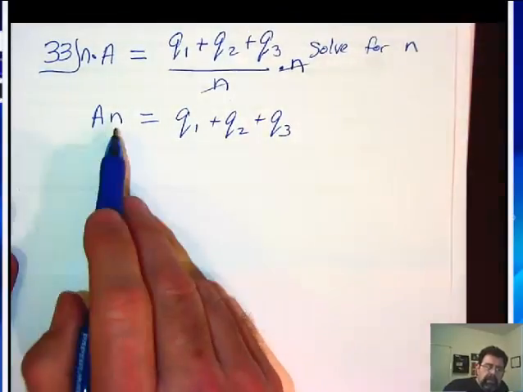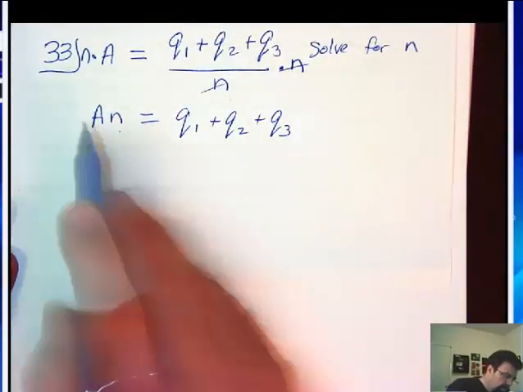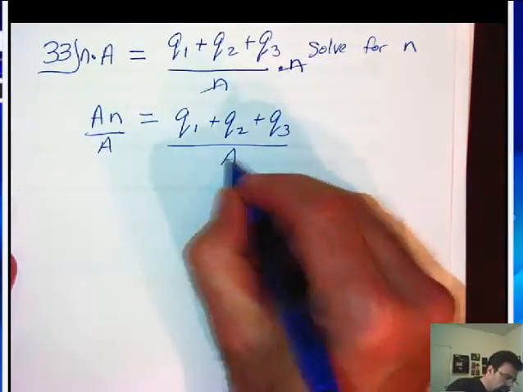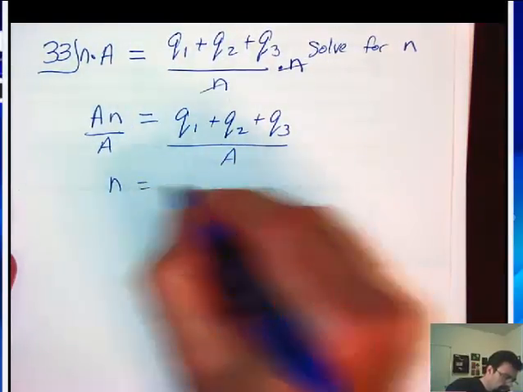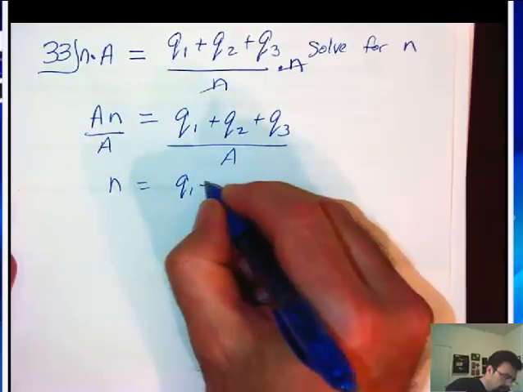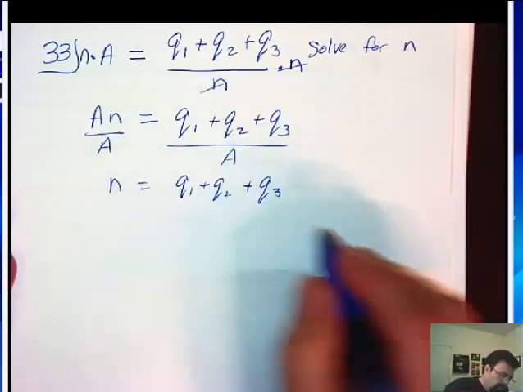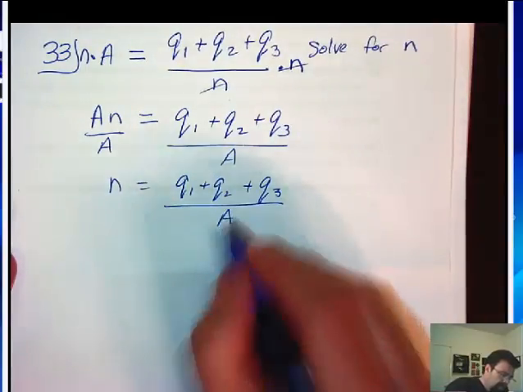And I want to get the n by itself, so I got to divide both sides by a. And now it's done.